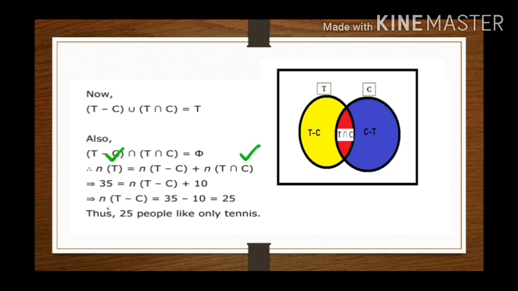You will get the cardinality of T minus C, that is 25 people like only tennis, not cricket. T minus C means the collection of the people who like tennis but not cricket. 25 people like only tennis but not cricket.